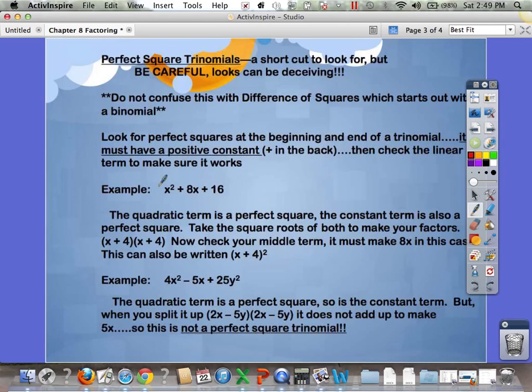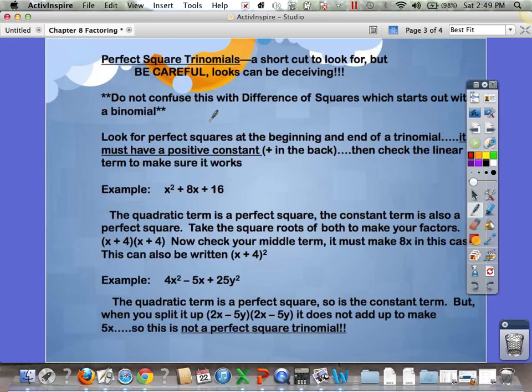This is a trinomial. We're going to see if it's perfect squares in the front and perfect squares in the back. And you must always have a positive in the back, or it's definitely not a perfect square trinomial. It may be factorable, but just not perfect squares.